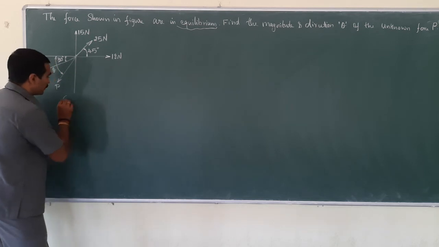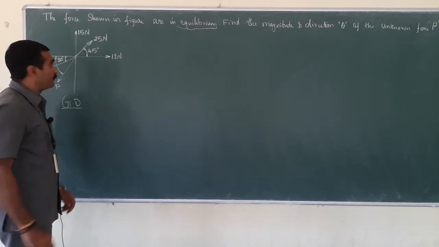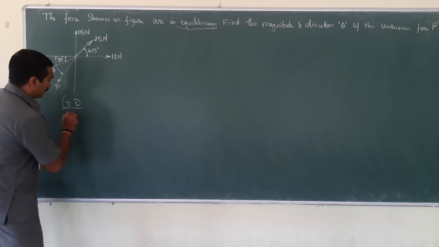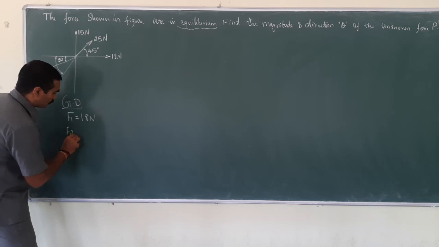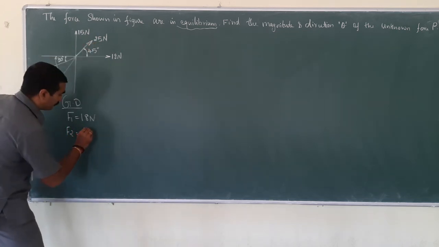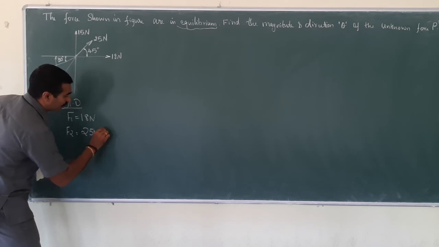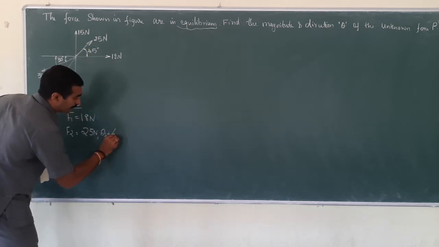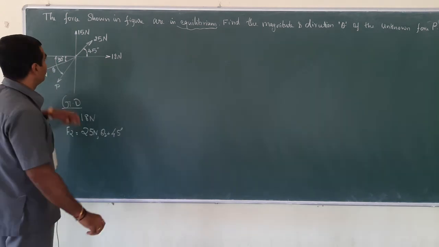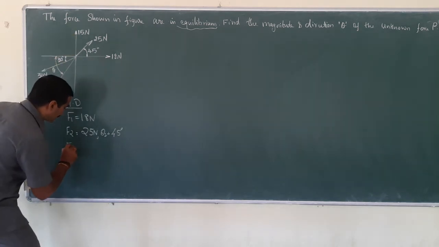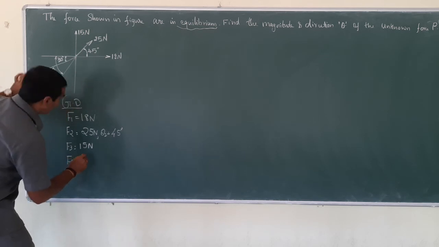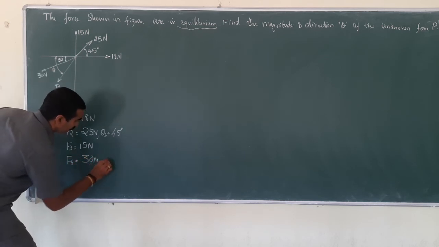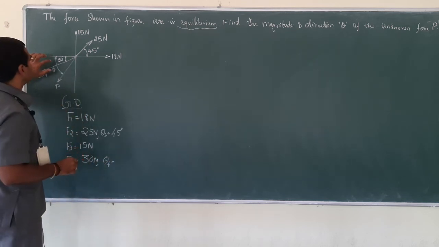So, let me just extract the given data. Let me take this 18 as F1, F2 as 25 Newton and theta 2 equal to 45 degrees, F3 as 15 Newton, and F4 as 30 Newton and theta 4 equal to 30 degrees.